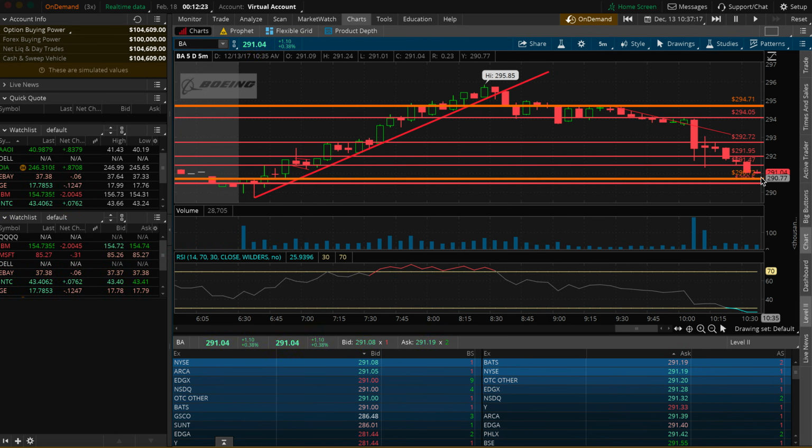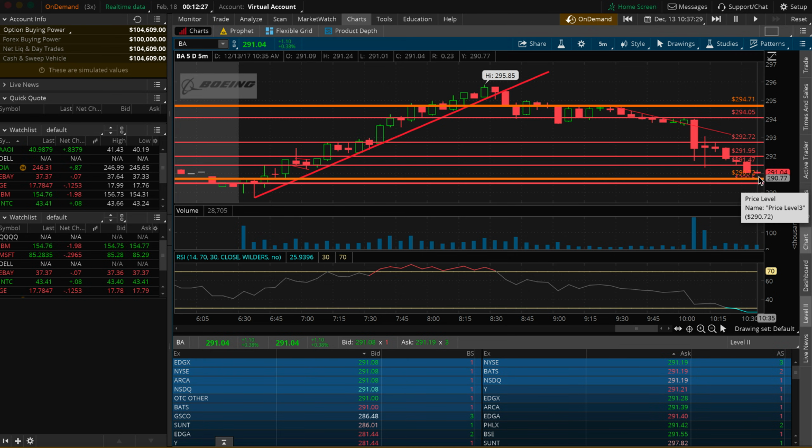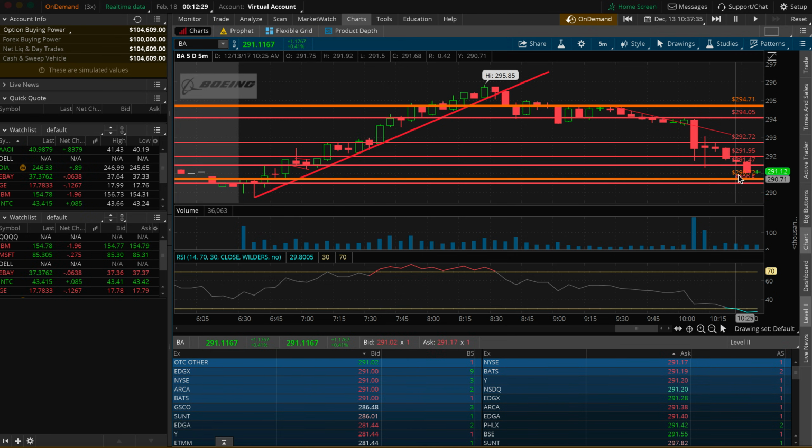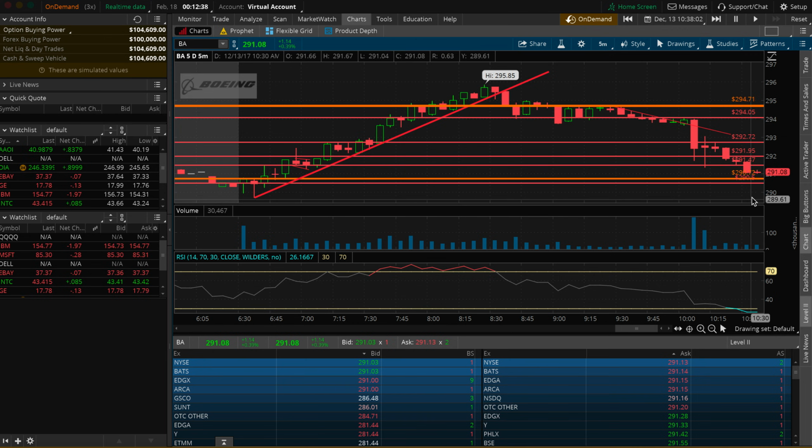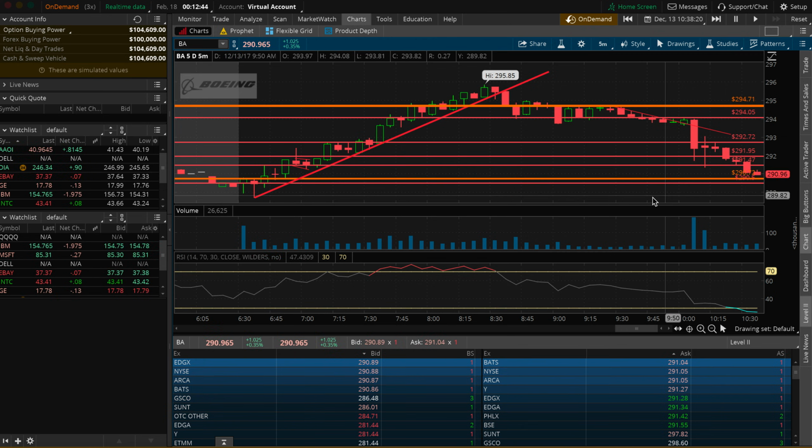I'm very close. 190.50 is the area, and we're at 191. So what, 50 cents away? I would start buying calls now. But it might touch it. It might not touch it. Let's see.